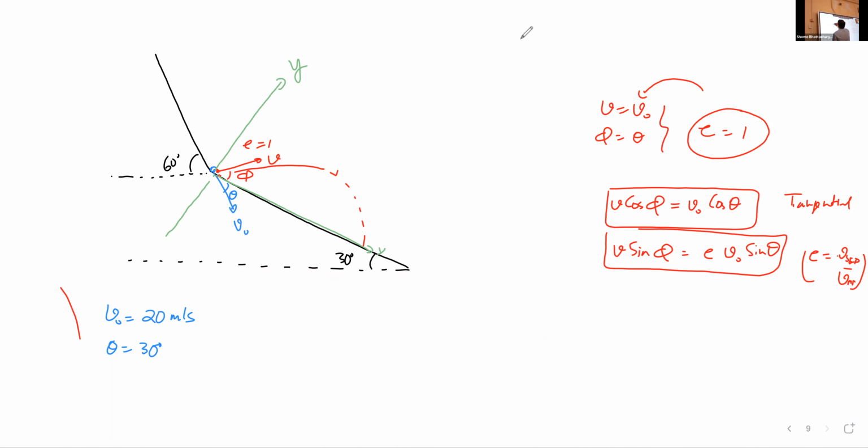If we take this instant as t equal to 0 and the instant when it hits as t equal to capital T, then to find the range, x is equal to v cos phi t plus half g t squared, where the x component of g will be g sin 30.